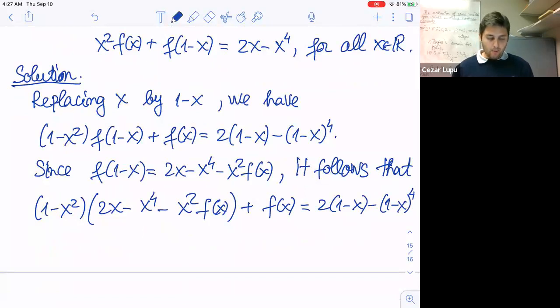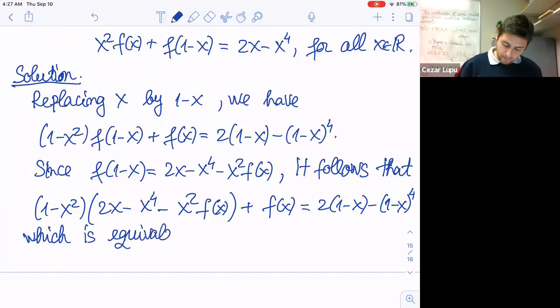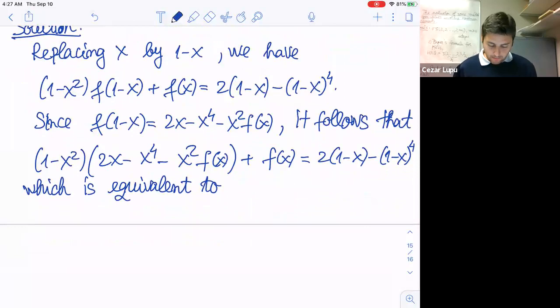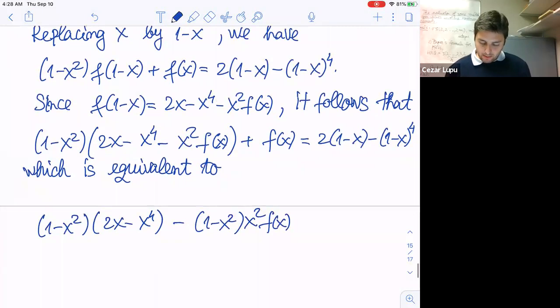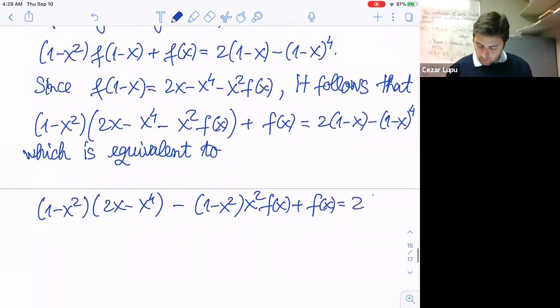And now we do all this algebra together here, which is equivalent to 1 minus x squared times 2x minus x to the fourth, minus 1 minus x squared f of x, plus f of x, equals 2 times 1 minus x minus 1 minus x to the fourth.